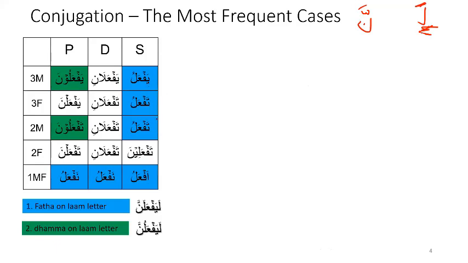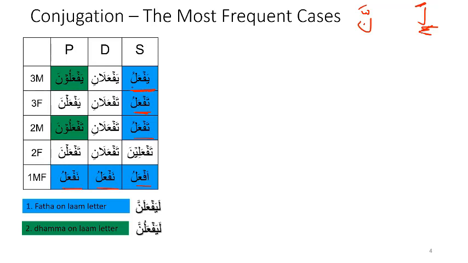I've done some color coding here to indicate what we need to do to add emphasis across different words in this conjugation. What I've highlighted in blue, all these words are converted into an emphatic mode using the same technique. And these items in blue are the ones that are used most often.